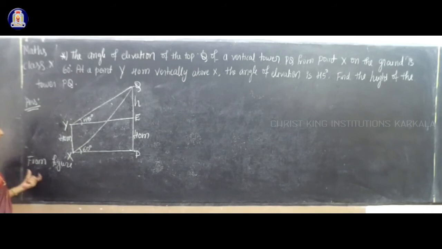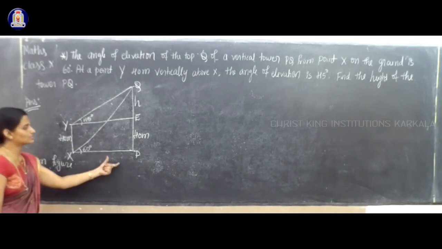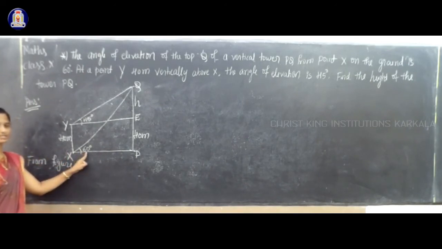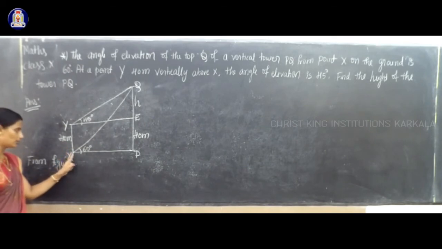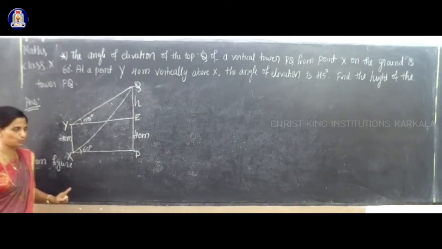So what to write here? From the figure, let PQ be the height of the tower, that is 40 plus h is equal to question mark. Okay. Next, theta is equal to 60 degree is the angle of elevation from the point X to the point Q.